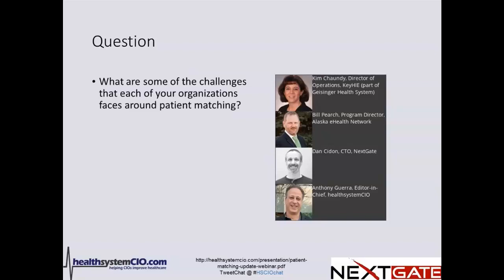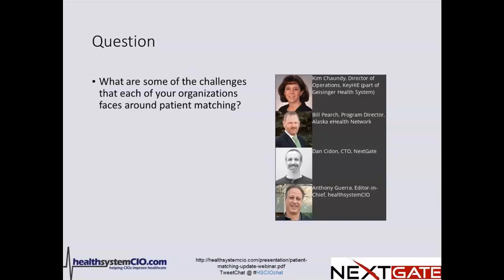mismatches or possible dupes. Throughout the testing scenario, you'll find that it's a great opportunity to see where maybe your front-end staff is missing critical information that is weighed for matching the patient.